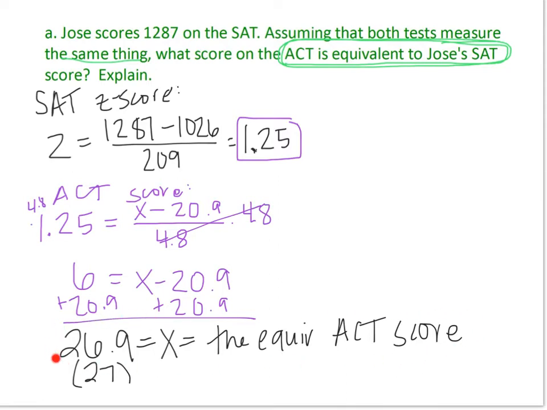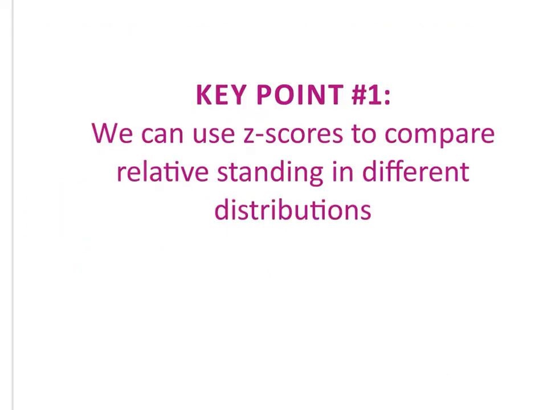A 26.9 on the ACT is the equivalent score to a 1287 on the SAT. And how I did that was by using the same z-score. So key point number 1, we can use z-scores to compare relative standing in different distributions. So I compare where they are relative to other people in different distributions.